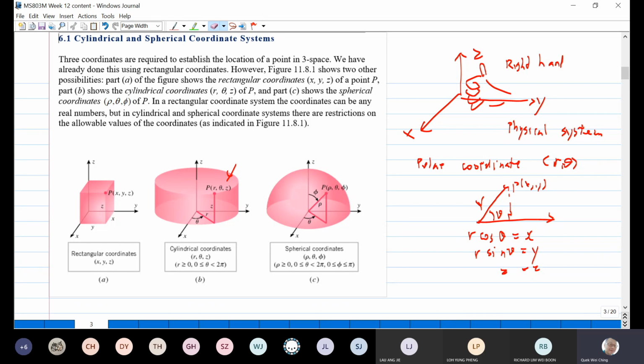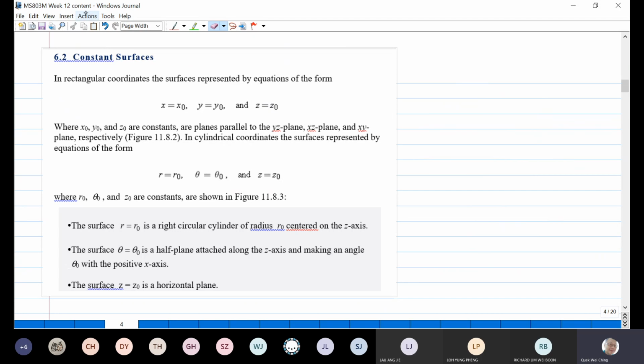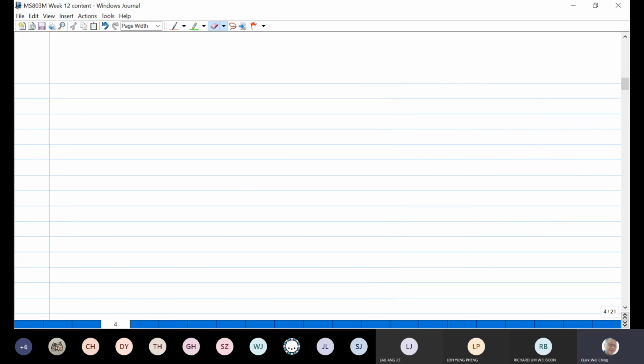Then I must talk about the next one, the spherical coordinate system. What is this spherical coordinate system here? I think I can insert a new page here, and then I want to copy this one. Let me copy this one. No space.